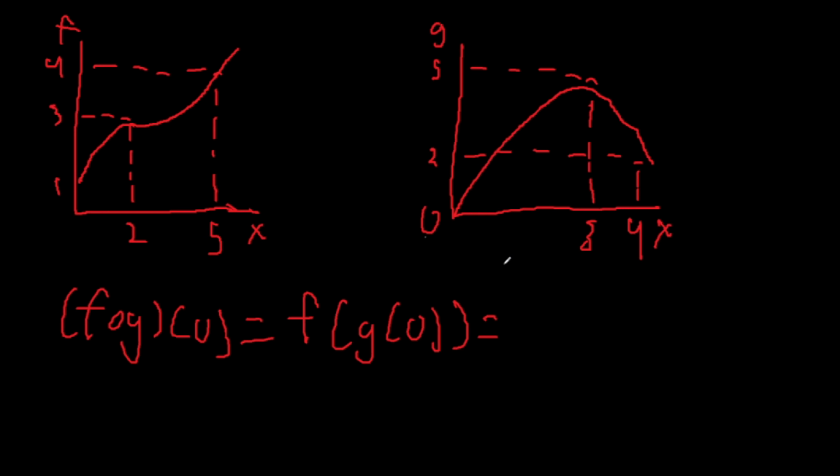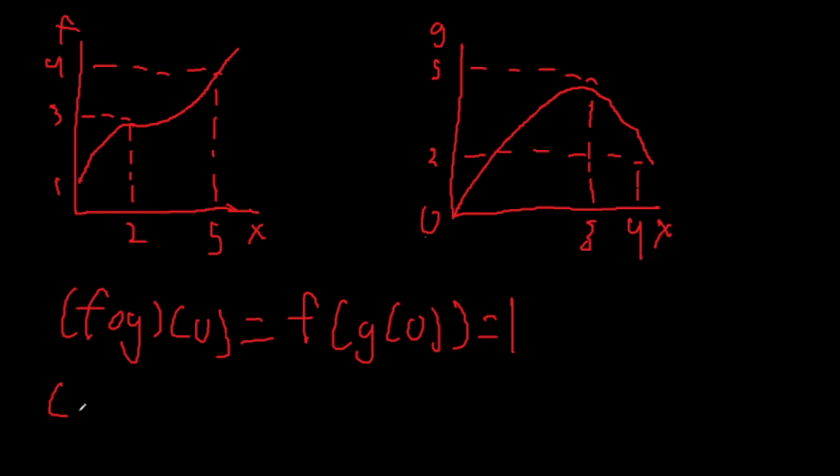And when x is 0, g is also 0. So then you take that and go on to the f graph, and you find when the x is 0, then what is the f? In this case, it's 1, because the graph starts at 1. So that is 1.